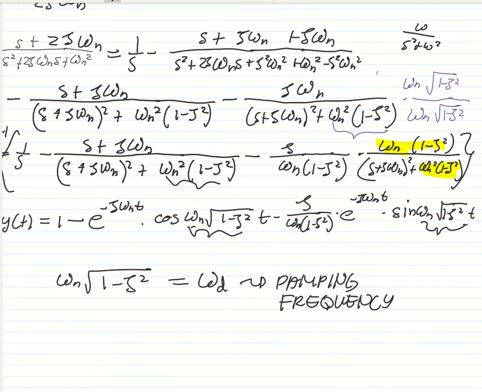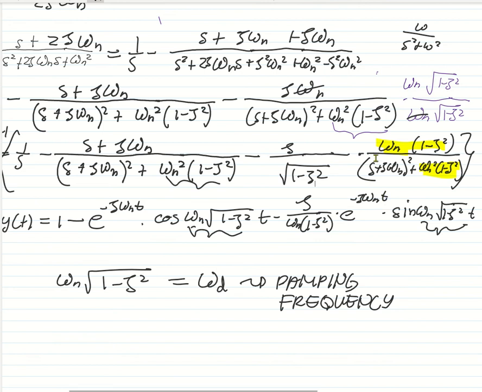So we only have the omega n at the numerator. We cancel out the omega n here.